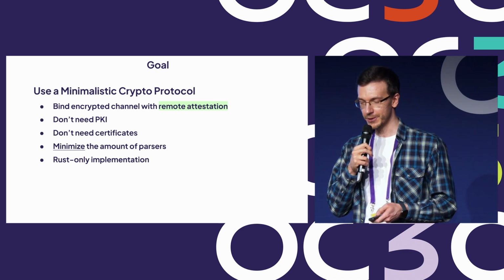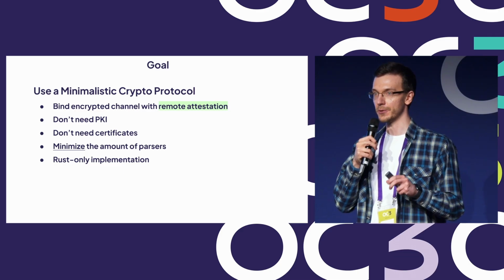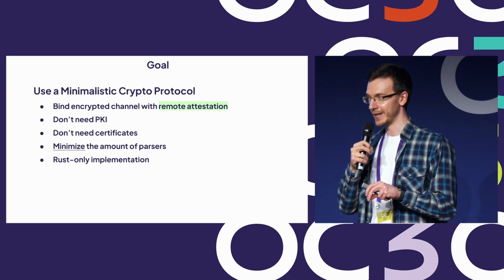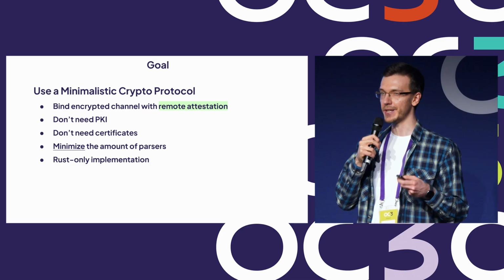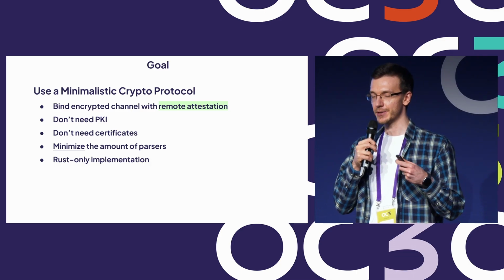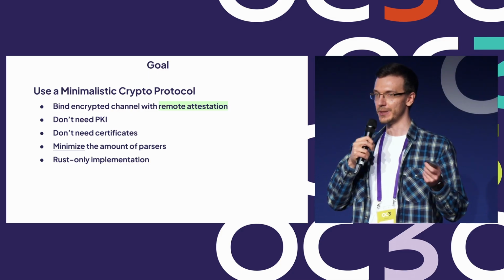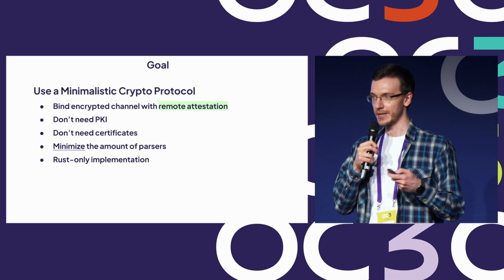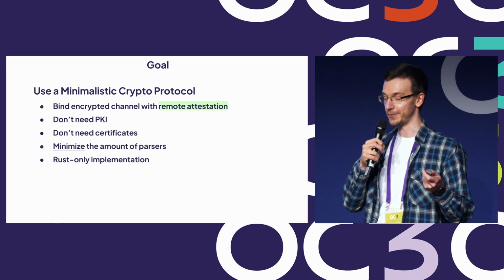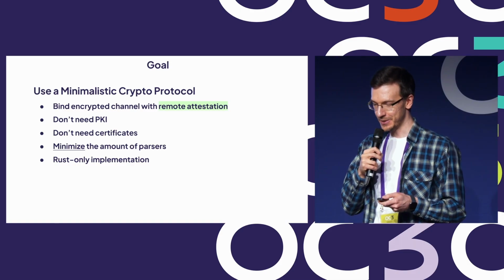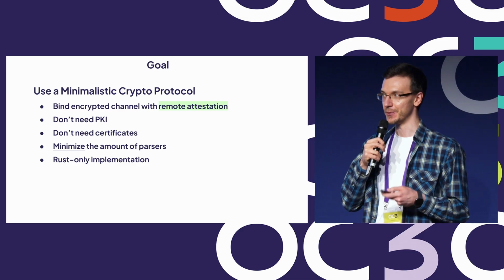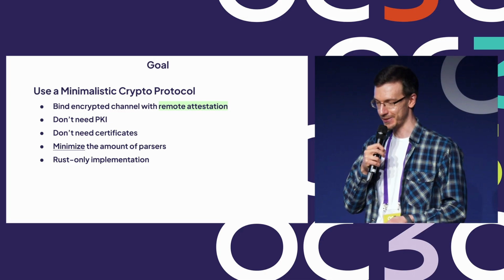Another feature that we wanted is to minimize the amount of parsers that are in the code. Because parsers are often very tricky parts in which external reviewers have to spend the most attention. Because there could be multiple vulnerabilities in those, and they have to look out for them.